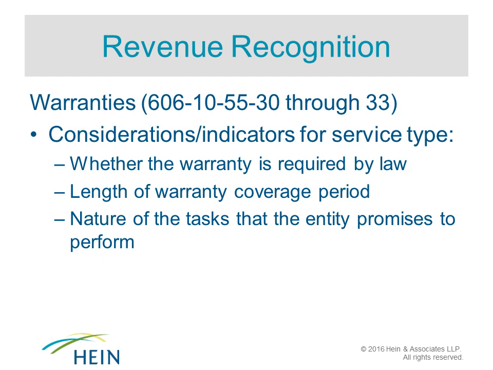The Transition Resource Group used an example whereby a luggage company provided a lifetime warranty to repair broken or damaged luggage. In that case, it was determined to be both assurance type and service type. Some of the considerations there are that there's no law requiring the warranty.